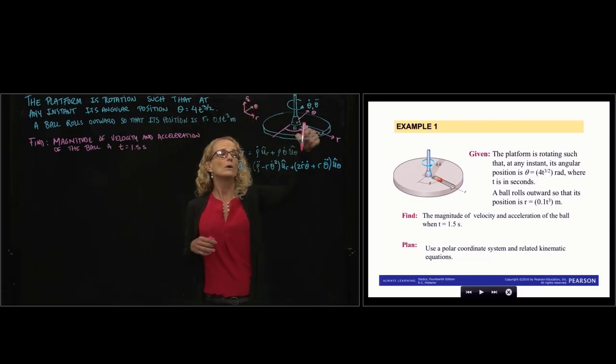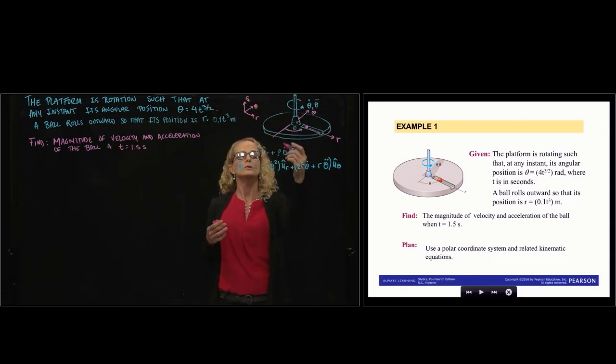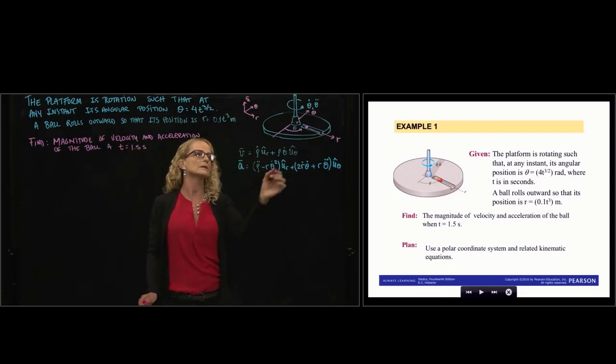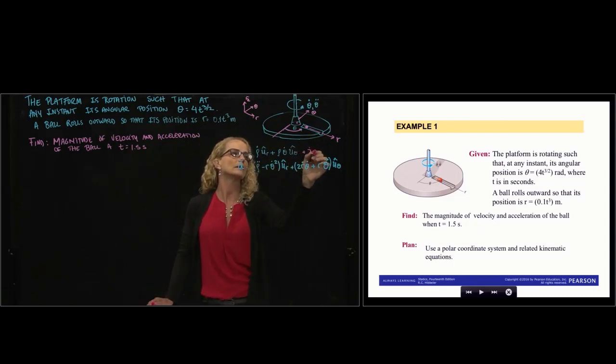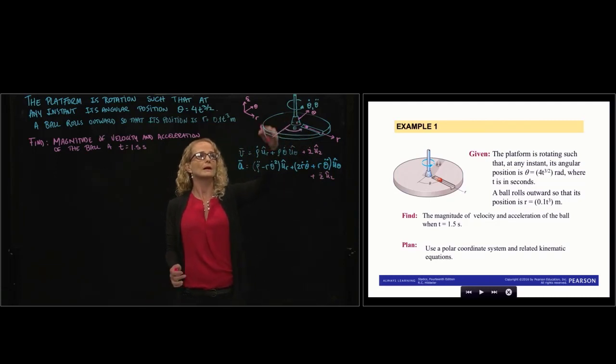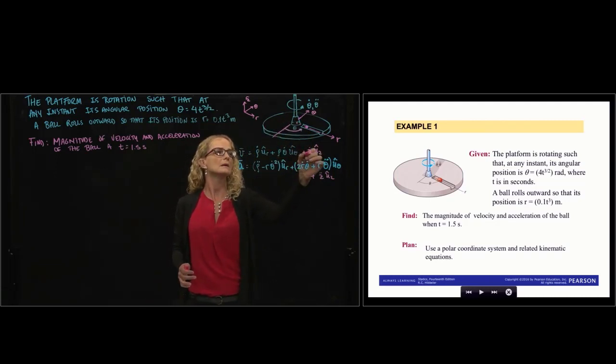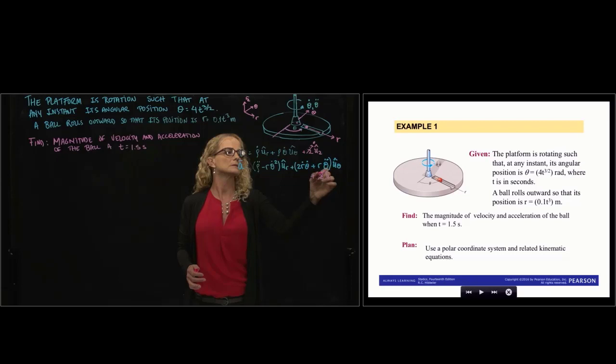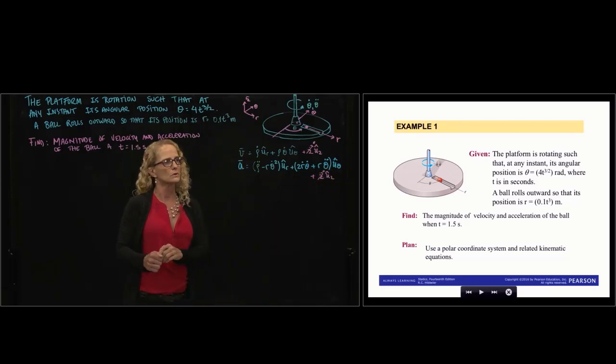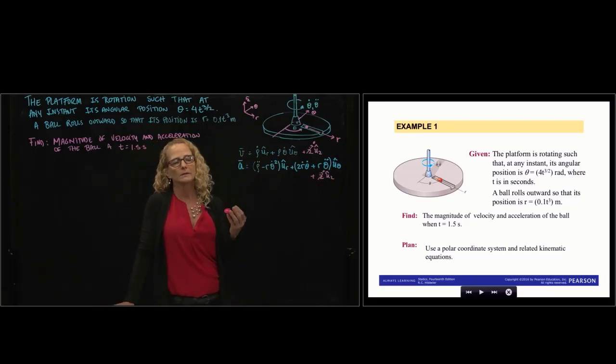But this ball is not moving in z, so if we wanted to include the z direction, we would have to include z dot and z two dots. But since the ball is not moving in that direction, z will be equal to 0, and z two dots will be equal to 0. So we will have velocity only in the theta direction and in the r direction.